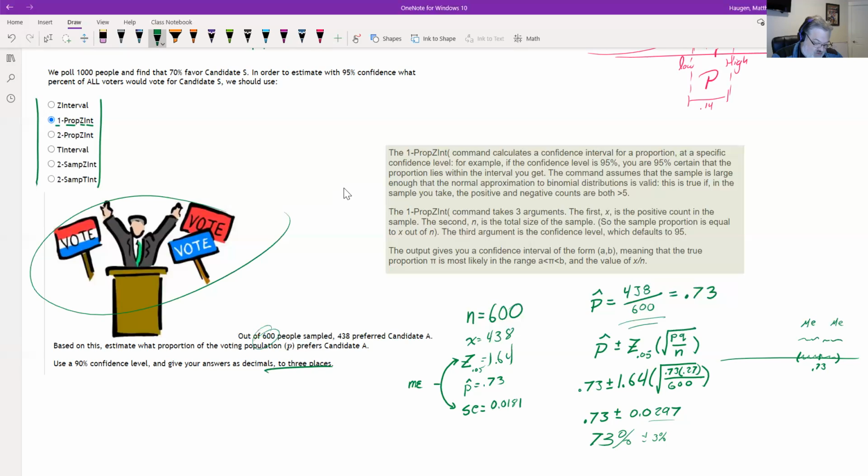What proportion of the world population? We could do it either way. You would get 0.7597, so 0.760 if you round it up, on the high end, and on the low end you get 0.701.